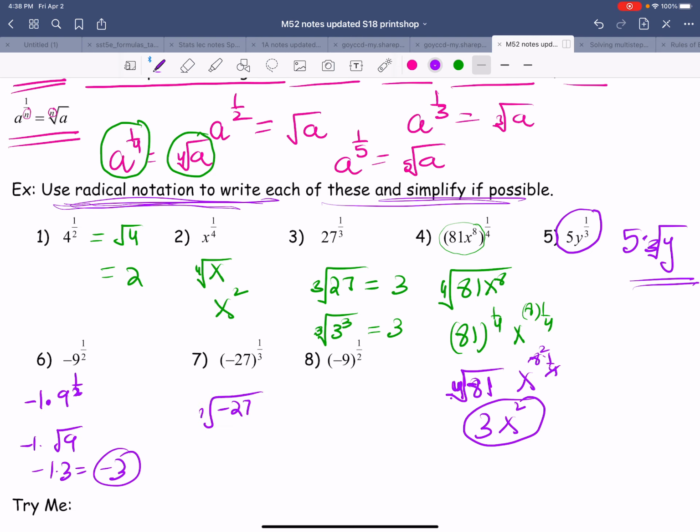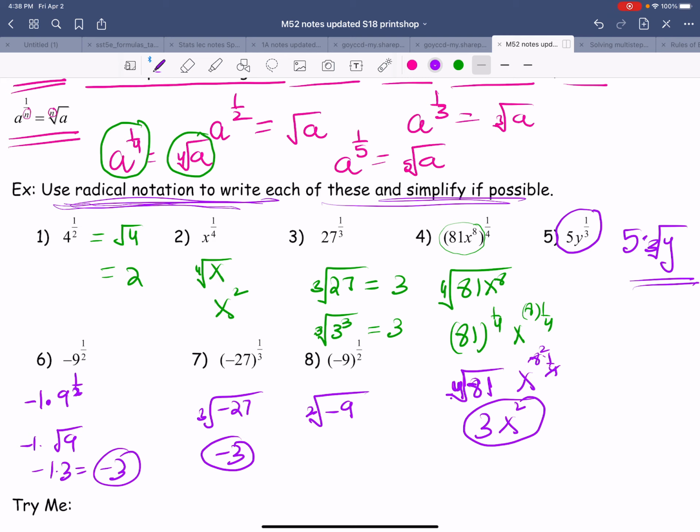Negative 27 cube root, which is negative 3, because negative 3 times negative 3 times negative 3 is negative 27. Next we have negative 9 inside the parentheses. That means the entire thing is going to go in the radical. Is there a number that multiplied with itself will give me negative 9?